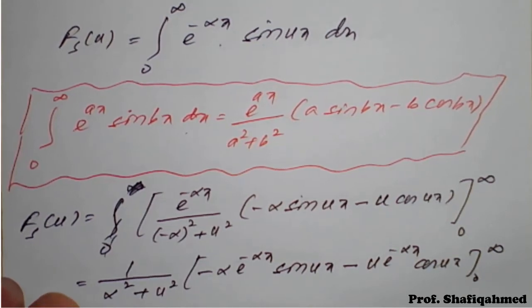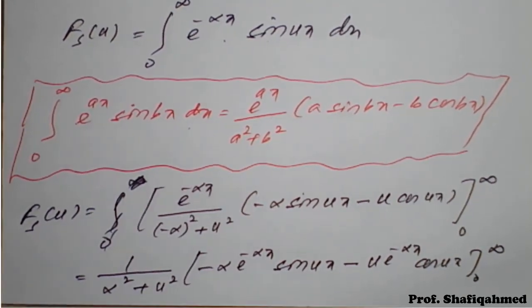Now we'll apply the upper and lower limits, replacing x with infinity as the upper limit and 0 as the lower limit.